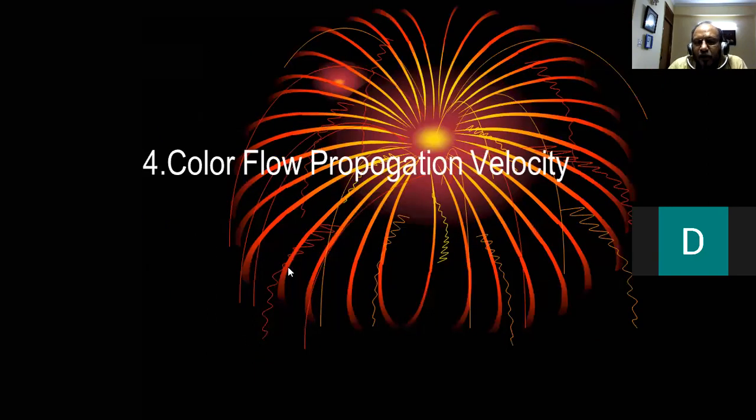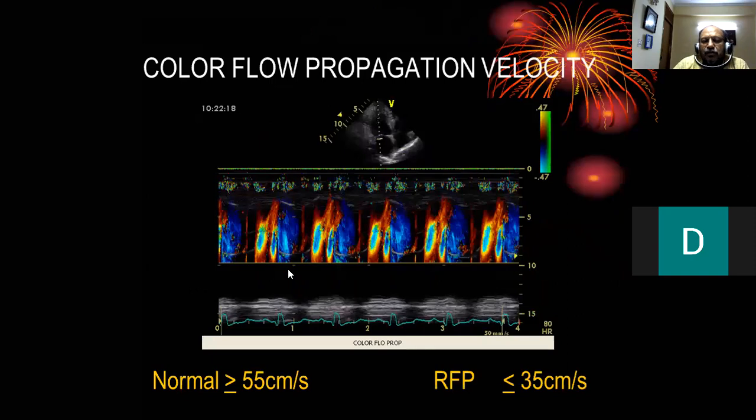Next comes color flow propagation velocity. What we do is M mode across the mitral flow pattern by color flow mapping, which will give you these kinds of waves. This is the S wave, this is D, this is the E wave, this is the A wave. There the mitral valve opens, so this is a color flow propagation pattern.